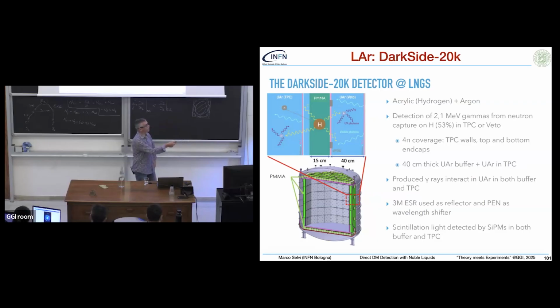The neutron can be captured inside the PMMA and emit gammas that can be seen either by the TPC or the Veto. This is typical of the various Vetos. They planned to dope the acrylic with gadolinium, the element in the periodic table with the highest neutron capture cross-section, but in the end it didn't work, so they will use the hydrogen naturally present in the acrylic.